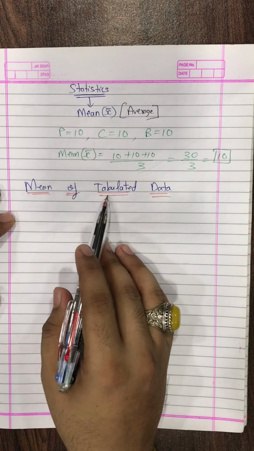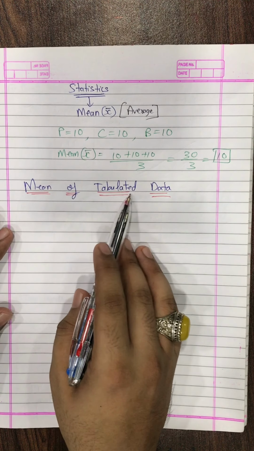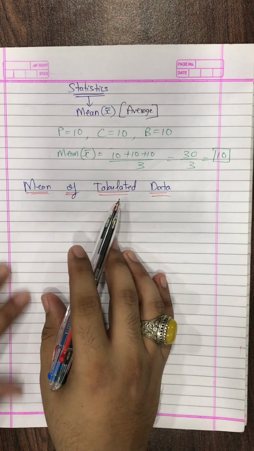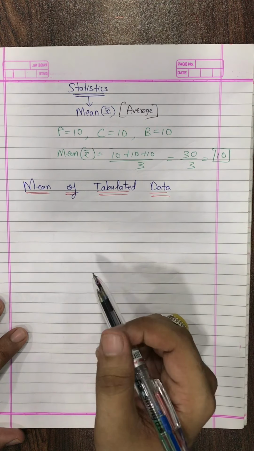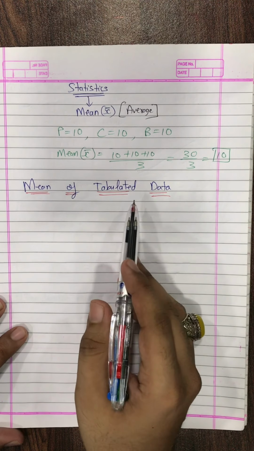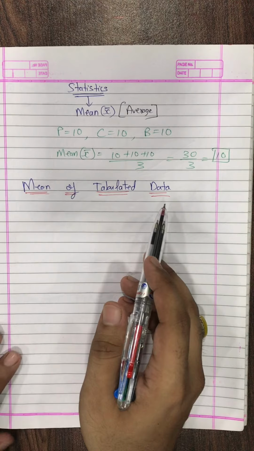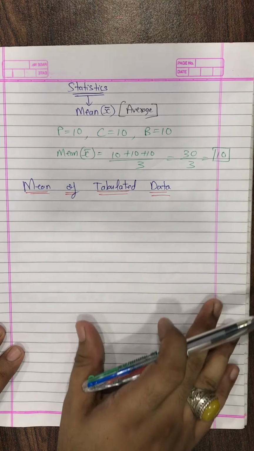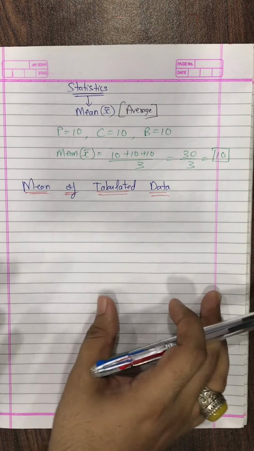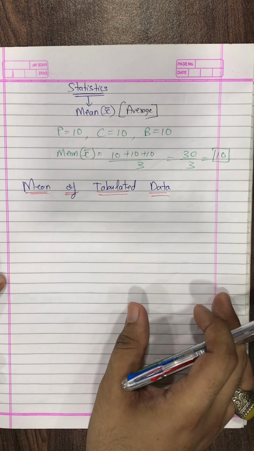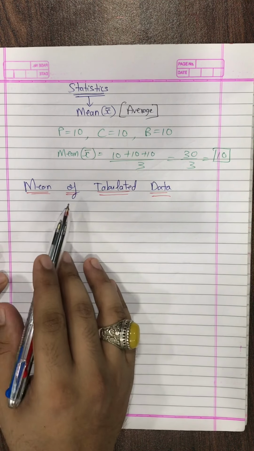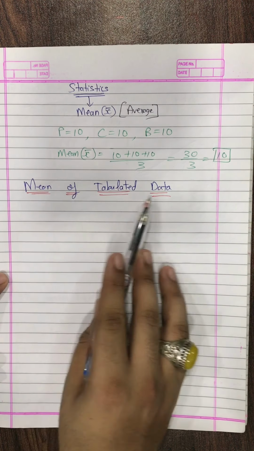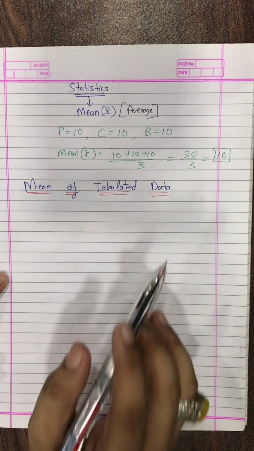This means that the data will be given in a tabular form. Class marks will be given to you, values will be given, and the quantity, the frequency, will be given. Don't worry, I'll explain everything in detail when we come across the format. So today we are dealing with the first part of the mean of tabulated data.